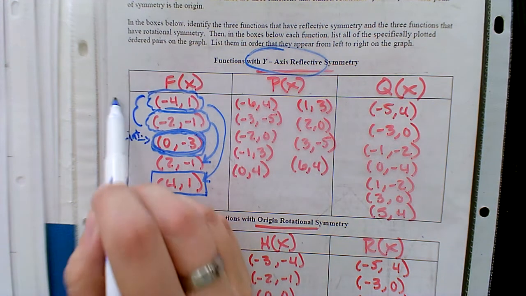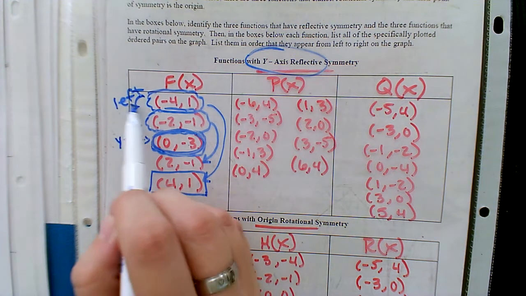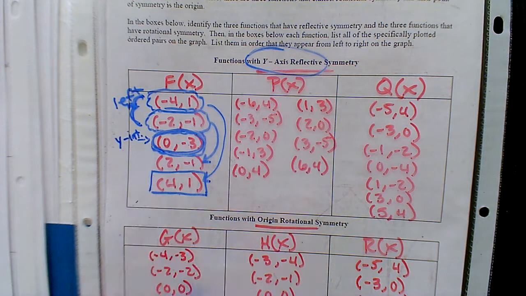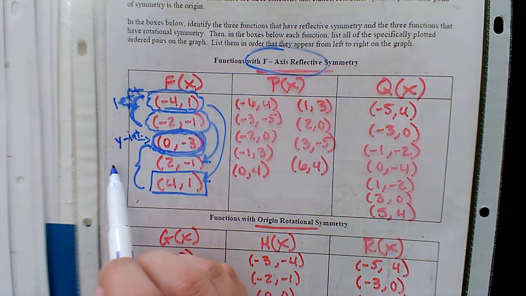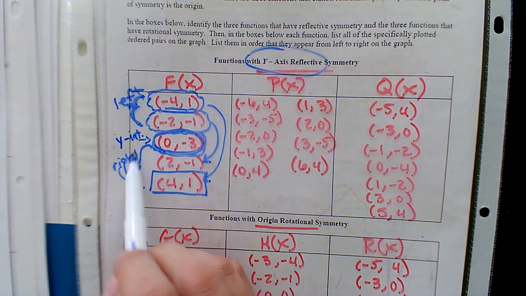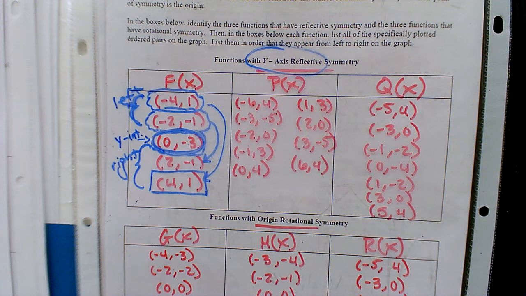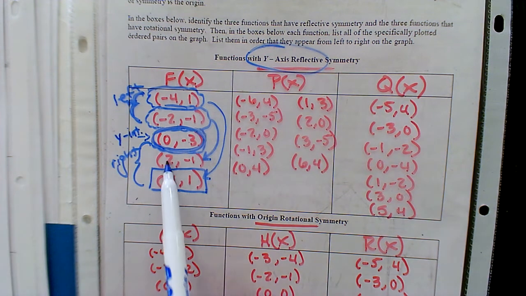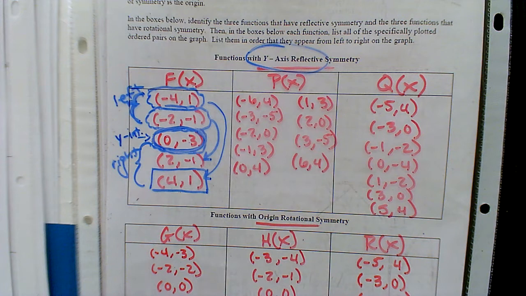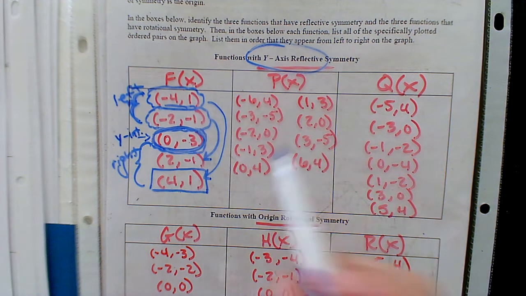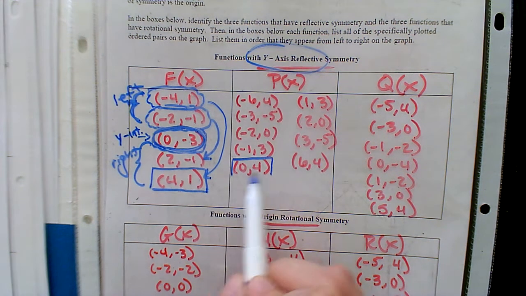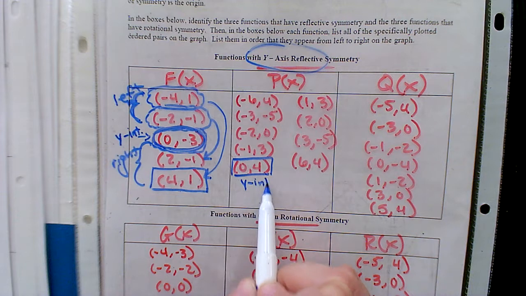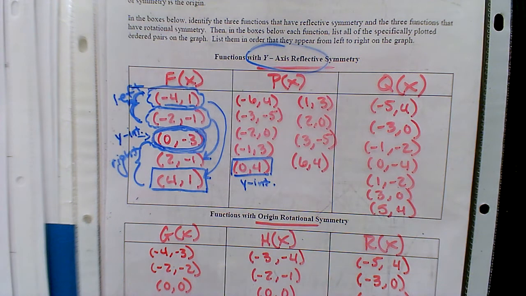Okay, so all of these points on the left-hand side of the y-axis are somehow related to a point on the right-hand side of the y-axis. Notice how these are negative x values, so they're on the left. These are positive x values, so they're on the right. If we look at p of x, we can find that y-intercept, x value of 0.